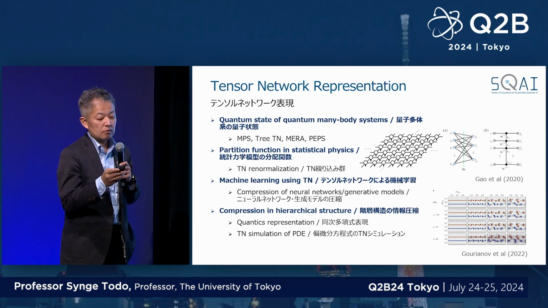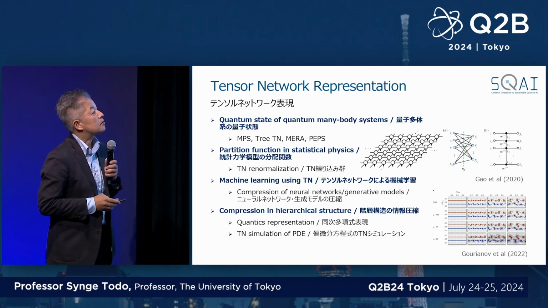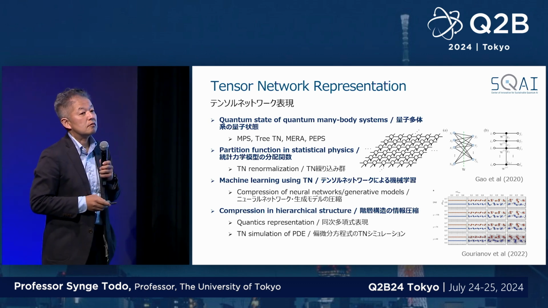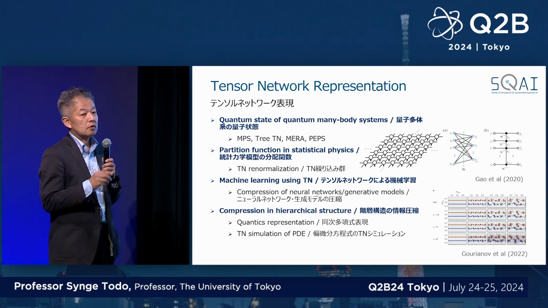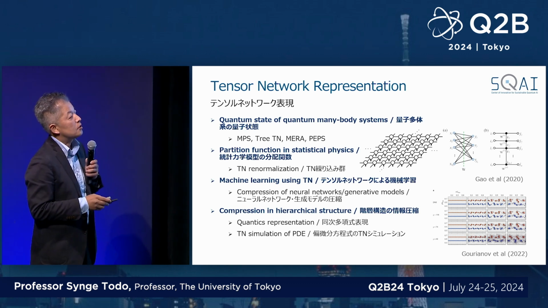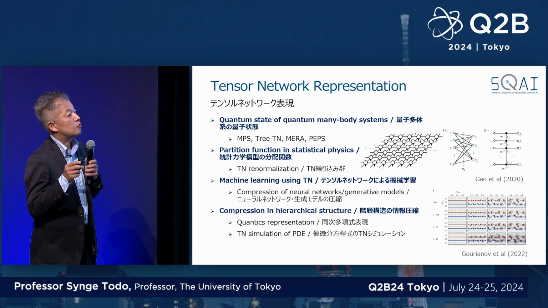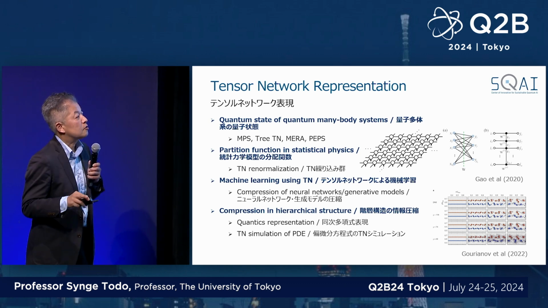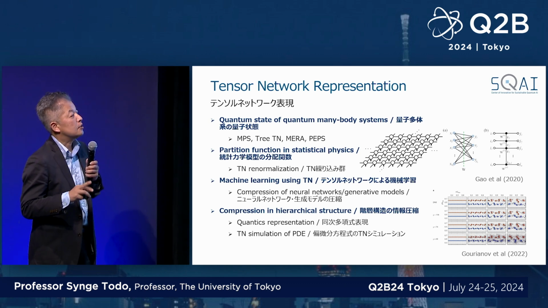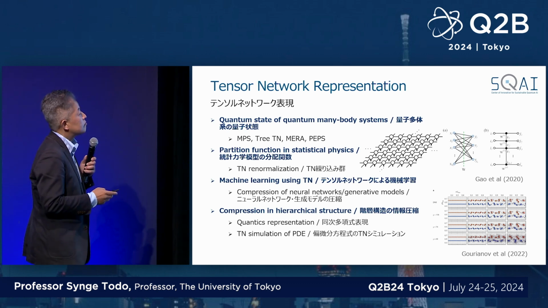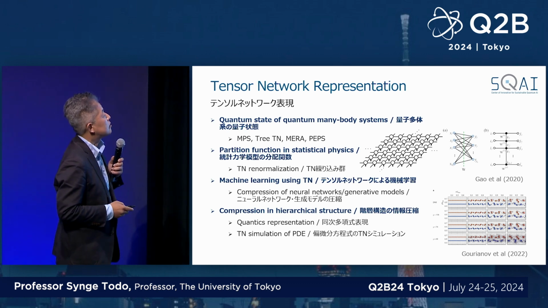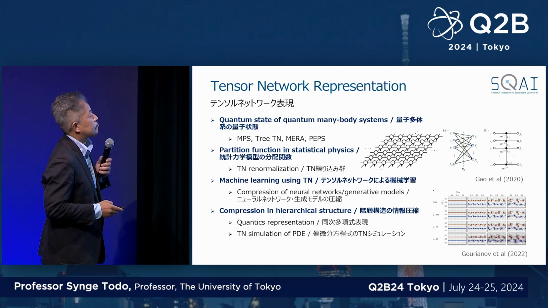One example is deep neural networks, deep learning, where we have multiple layers. They are matrices, so they can be replaced with tensor networks to compress information. The data size and parameter size can be reduced. As a result, you get faster speed. So it's a recent idea that emerged.